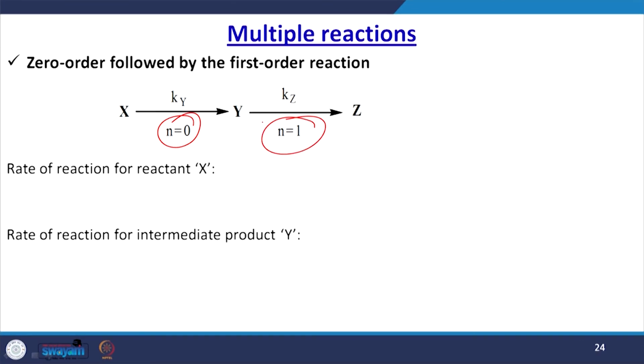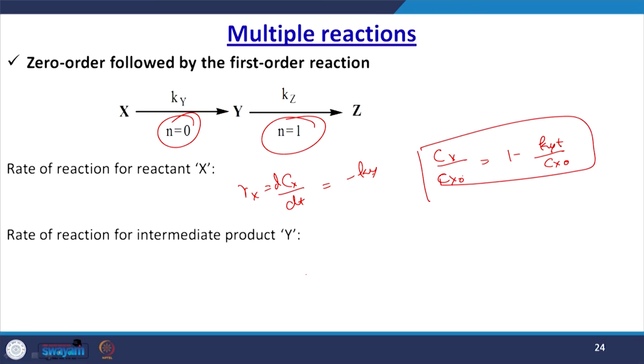The rate of reaction of reactant X can be put forward like this: Rx is equal to dCx upon dt is equal to minus ky. And similarly, if we solve it, then it becomes Cx upon Cx naught is equal to 1 minus ky t upon Cx naught.